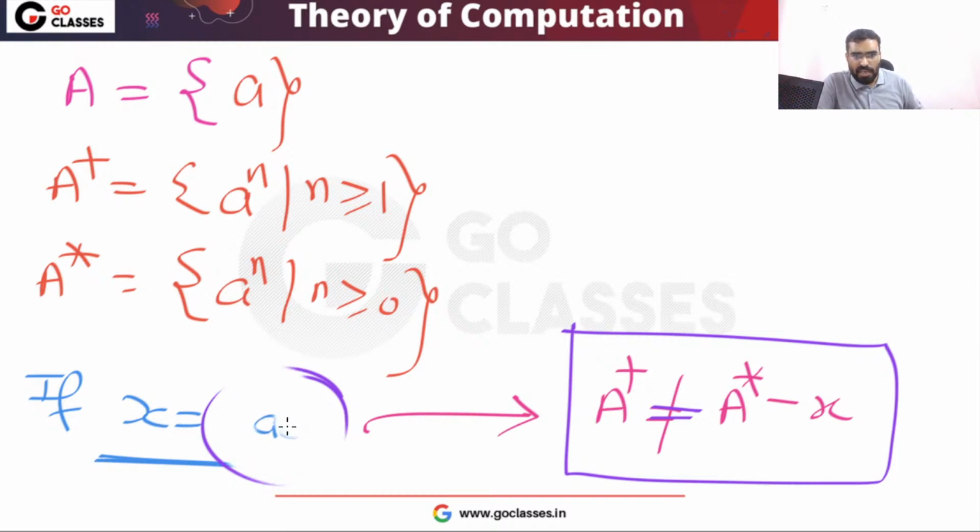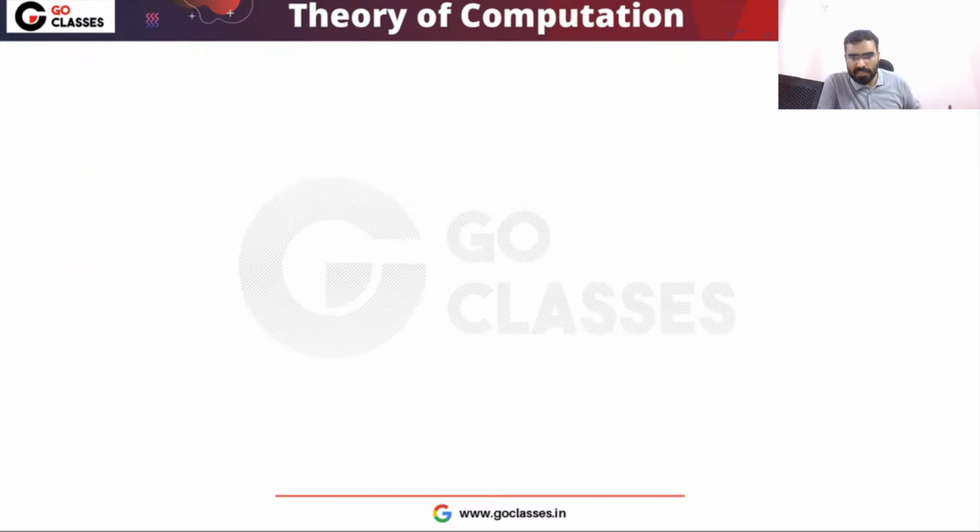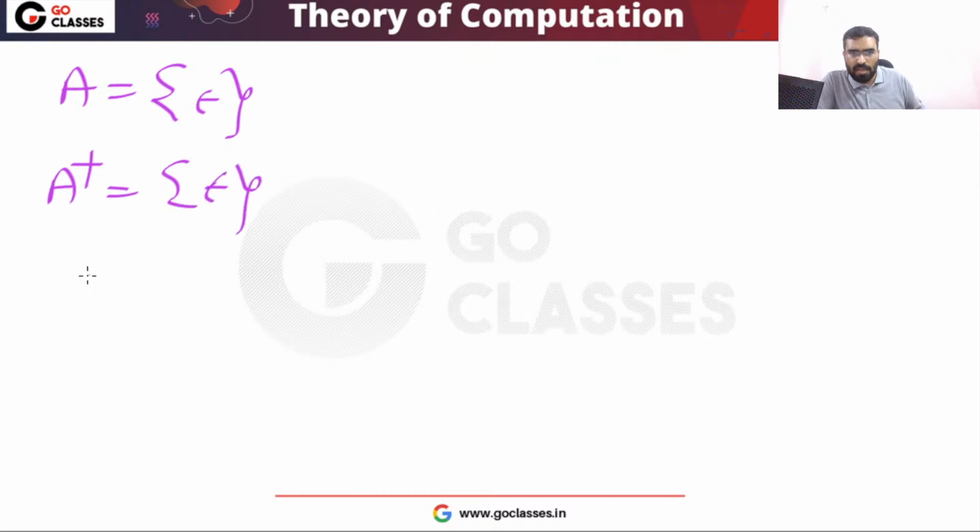Similarly, if X belongs to A plus, then this will definitely happen. And you can also see that if we assume A is this, then A plus will be this and A star will also be this.